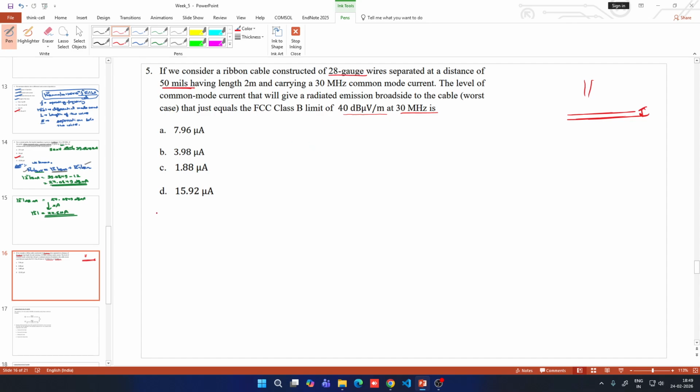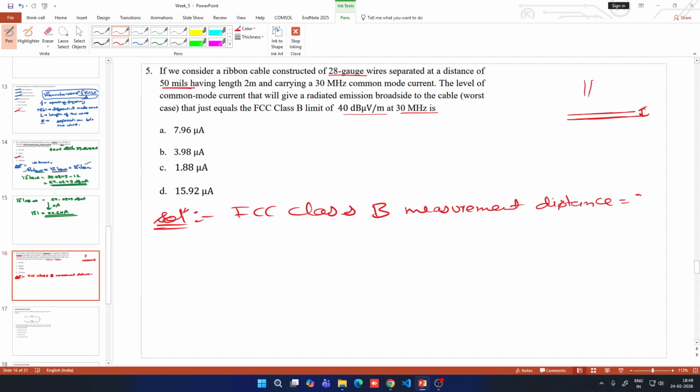So one thing that we should always remember, it won't be given in the problem all the time, is that the FCC Class B measurement distance is always 3 meters. So here our d is given as 3 meters.